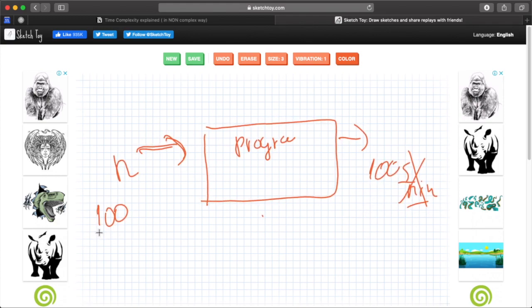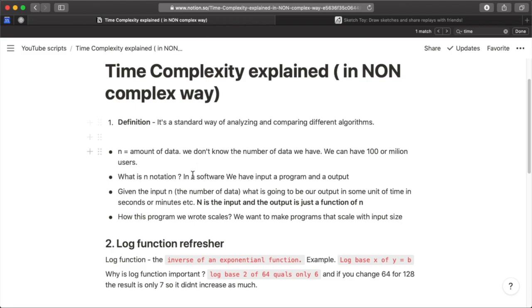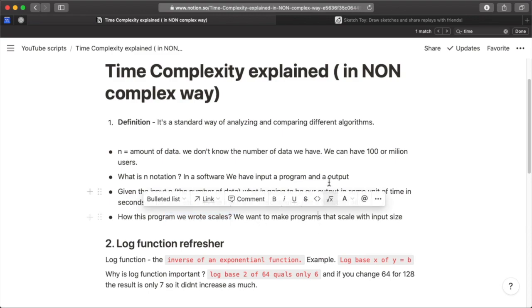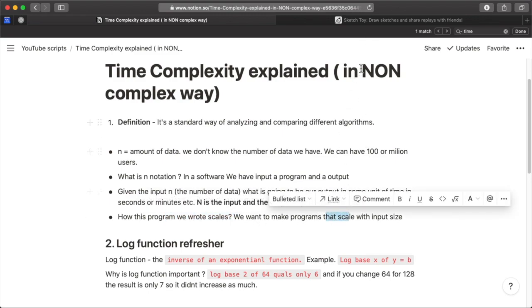And the thing is, we want to make our program scale with input size.